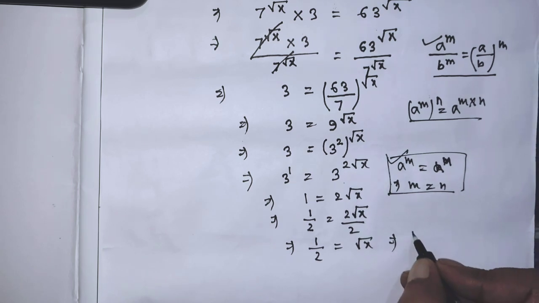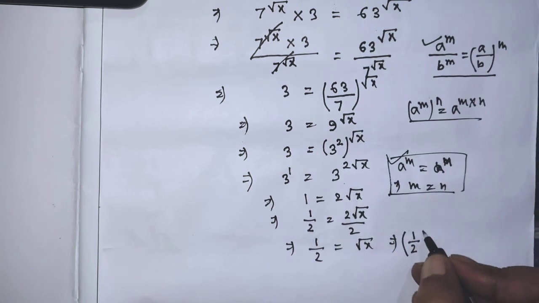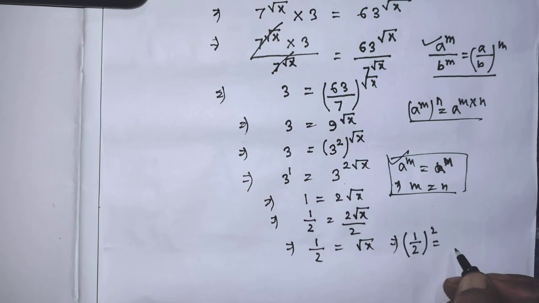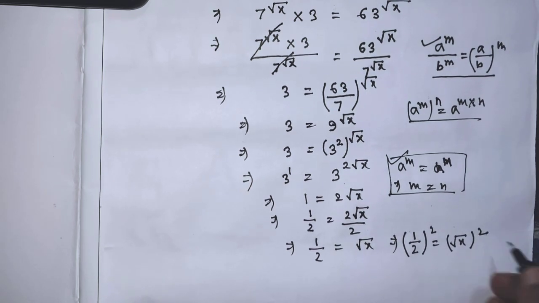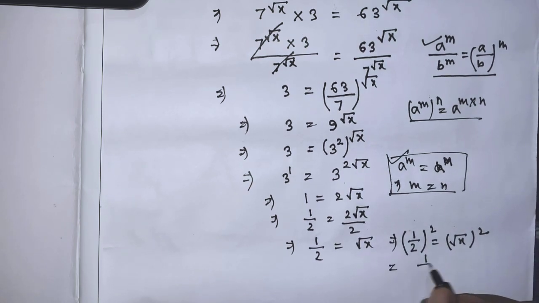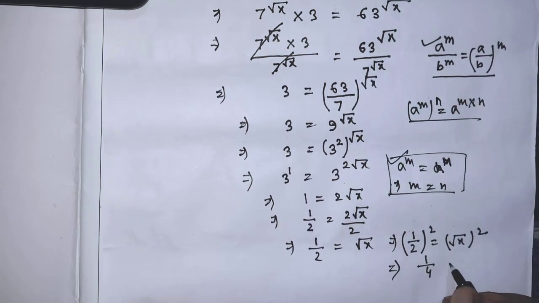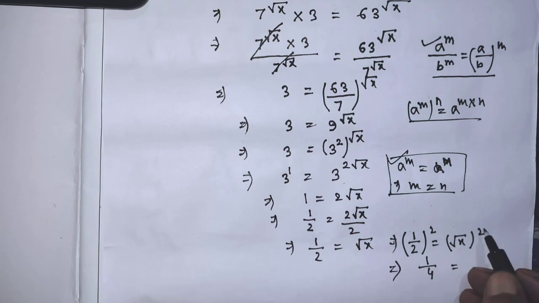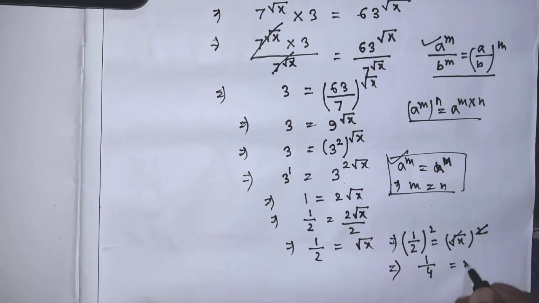So it will be 1 over 2 whole to the power 2 is equal to square root of x whole to the power 2. So after that it will be 1 over 4 is equal to, on the right hand side we can cancel square and square root, then it will be x.